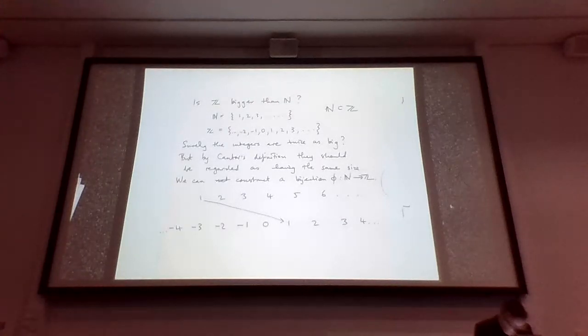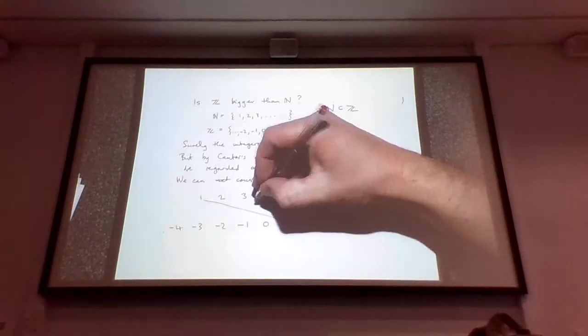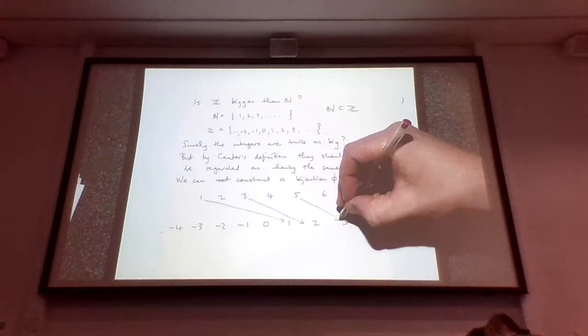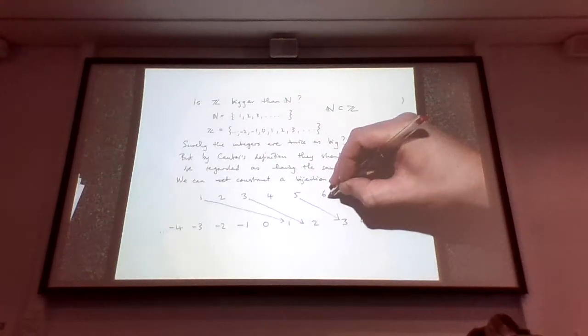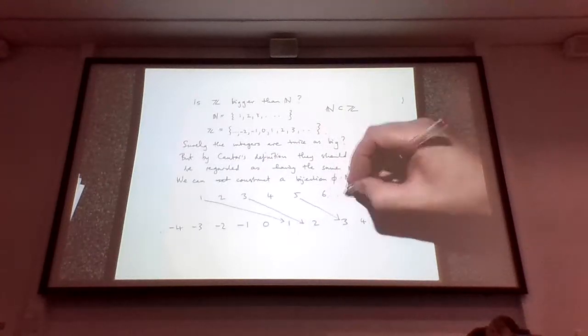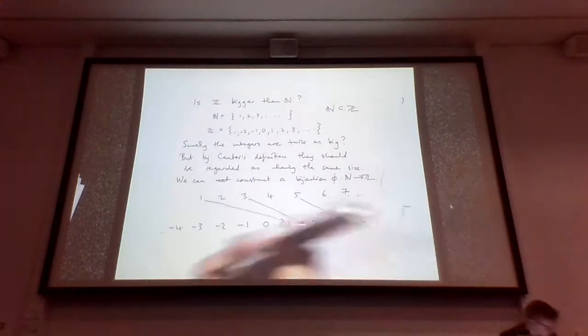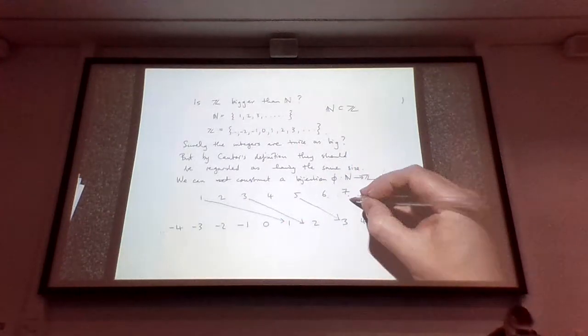You just map all the odd natural numbers to the positive integers. So 7 here, we map to 4.